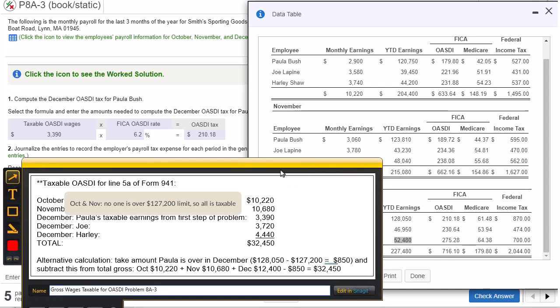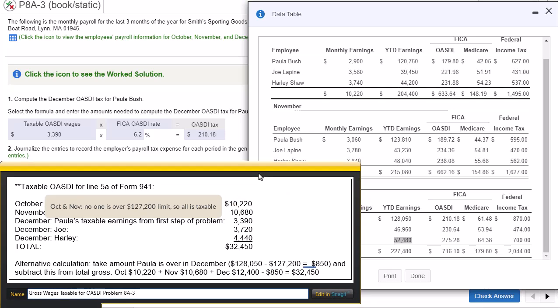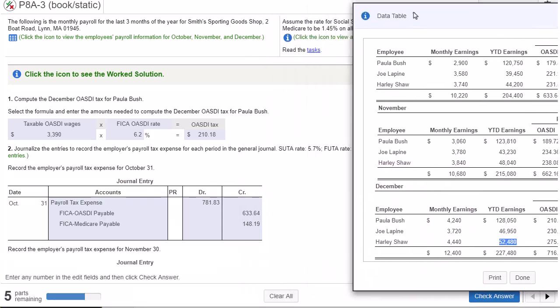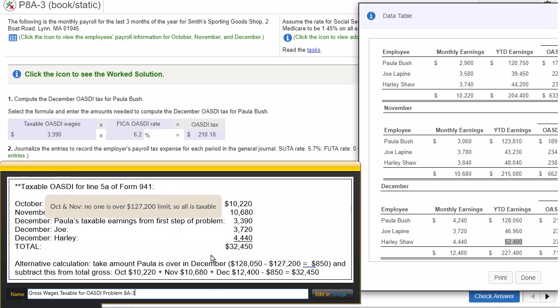For December, the taxable portion for Paula is, we already calculated up here, $3,390, not the $4,240. And then for Joe for December, it's the whole amount, here and here. And then for Harley, it's the full amount, here and here. So when we add these up, we get $32,450 of taxable gross wages for the quarter that's taxable for OASDI.